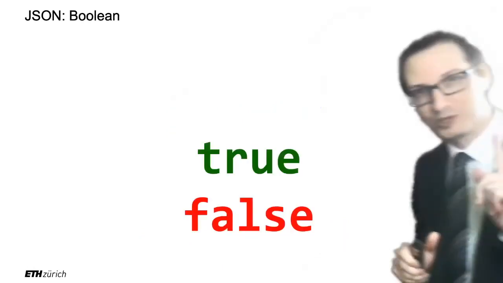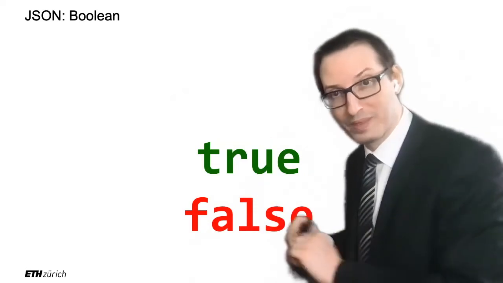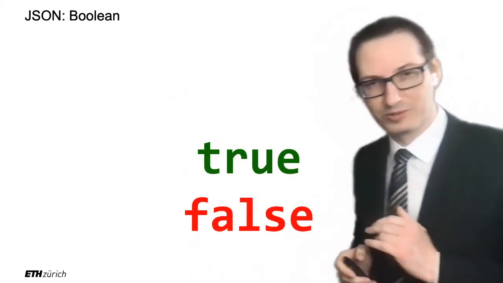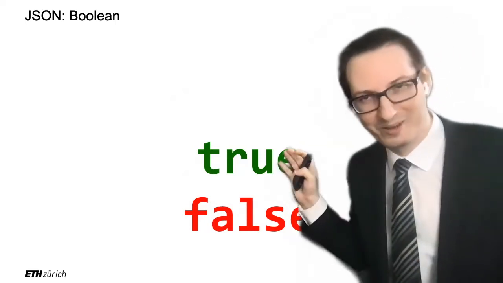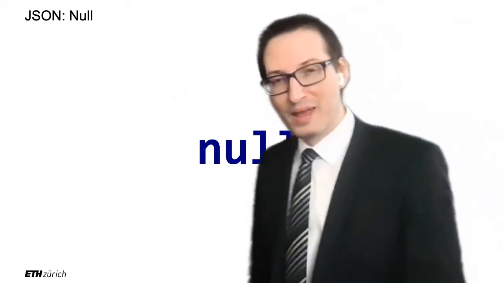Okay, strings, numbers, Booleans, easy, true, false, no quotes. That's just the yes, no, basically. It can be true, it can be false, all right? Well, I don't have much to say apart from that. There's true and there's false. And finally, there is null. Null is a special value that basically means it's not there or you don't know, right? So you just can put null.